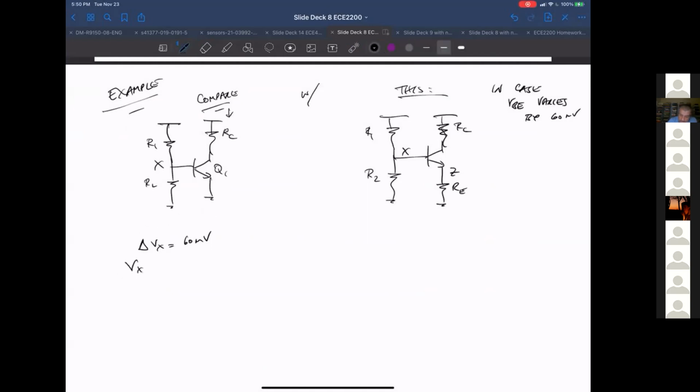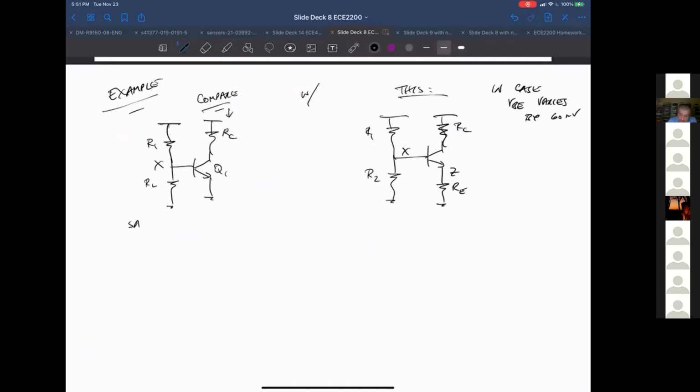What I mean by that is we're saying that in production, say, if you make 1,000, 2,000 of these devices, sometimes the V sub X could be 860, and sometimes it could be 800. Or let's say VBE varies by that much. Sorry, take it all back. We're saying V sub BE varies by 60 millivolts.